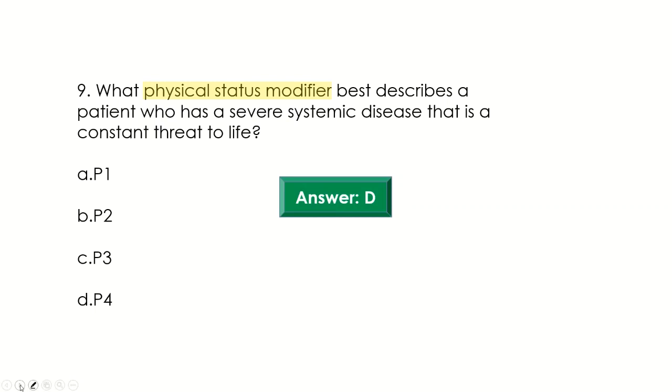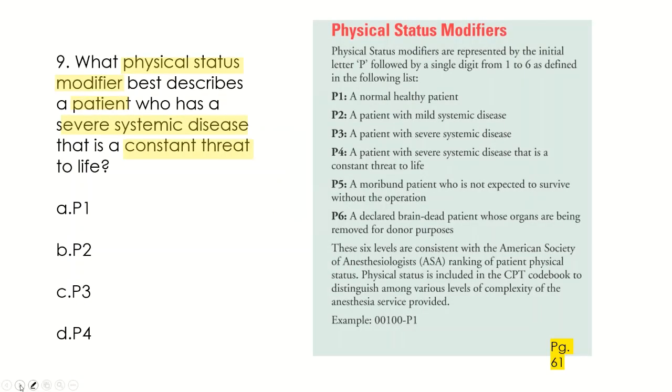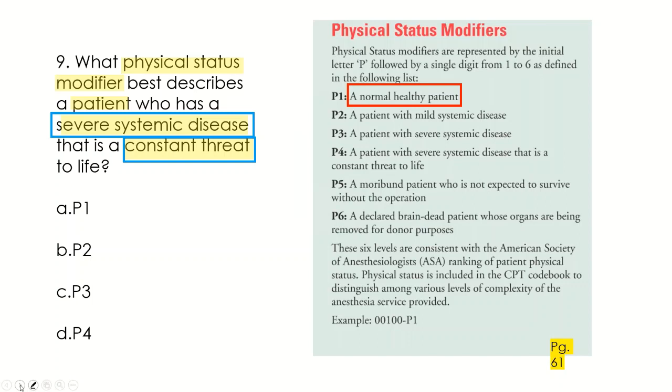Keywords are physical status modifier, patient, severe systemic disease, constant threat to life. This is a clip from page 61 in the 2019 book. Again, we're looking for severe systemic disease, constant threat to life. P1 is a normal healthy patient, so that doesn't match.